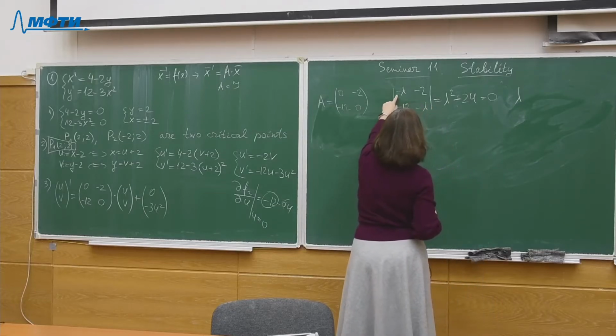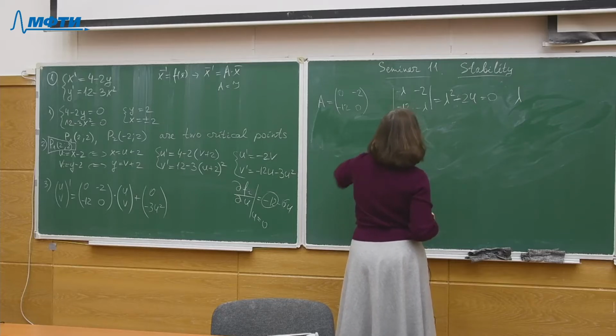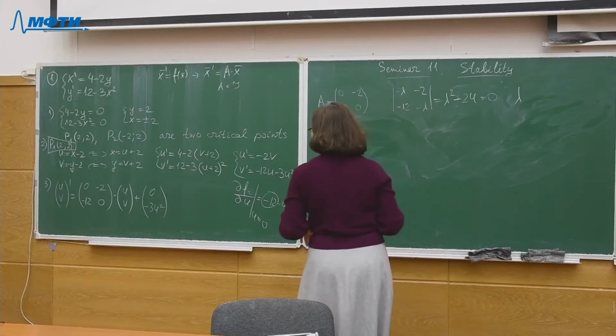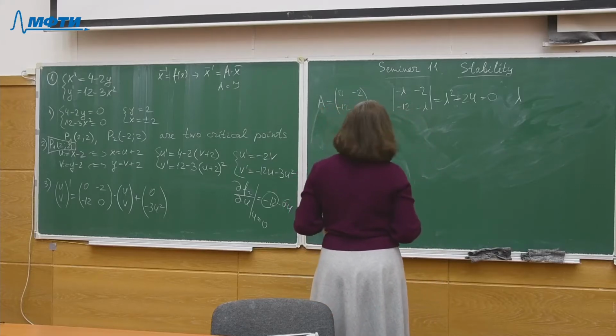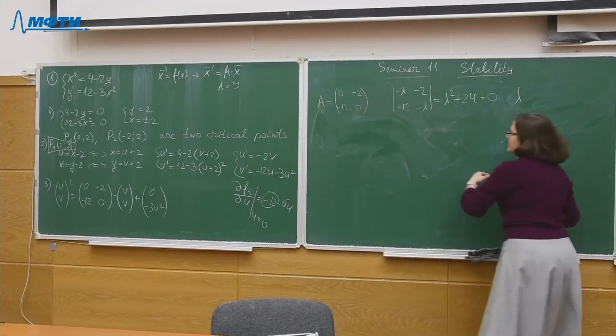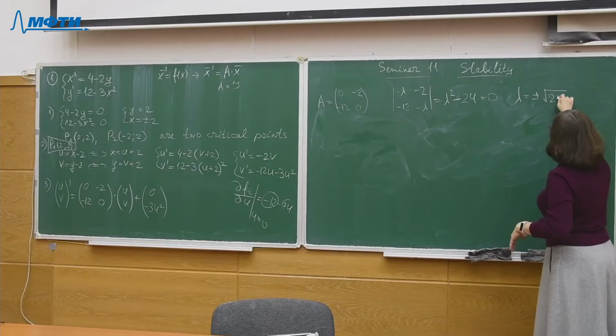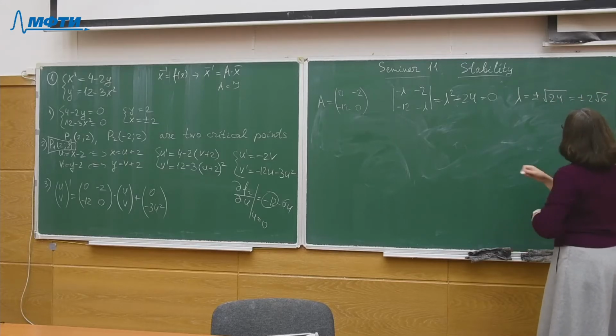Why minus? Minus and minus, so plus. So now lambda is equal to plus or minus root 24, or plus or minus 2 root 6.